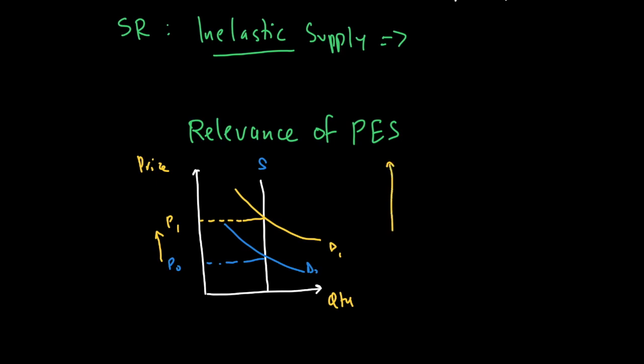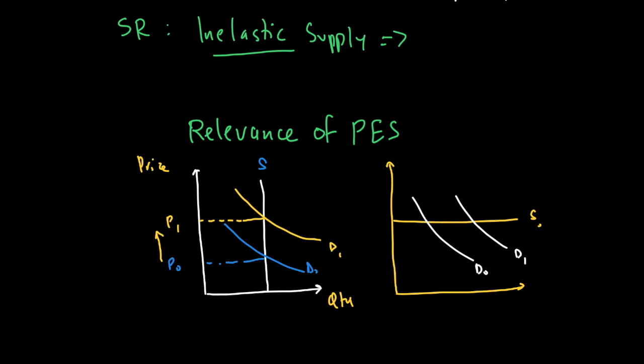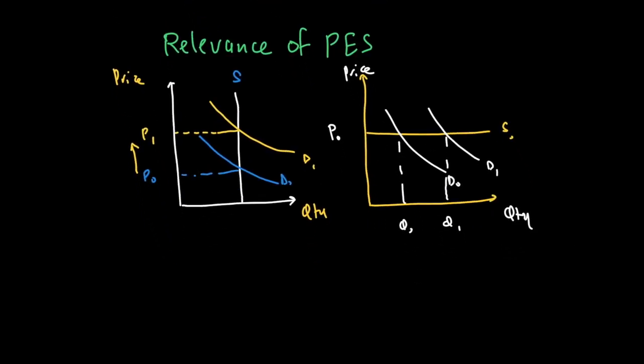On the other hand, if you have a perfectly elastic supply curve, even though the demand may go up, the producer's price will remain the same. In fact, here the PES will tell us how much quantity the producer has to increase to meet the increased demand. So the usefulness of PES, first, is that it tells us how much price or quantity will change when the demand for the good changes.